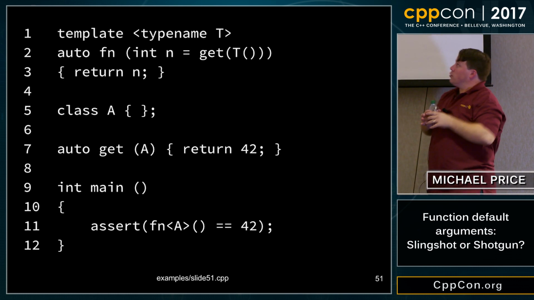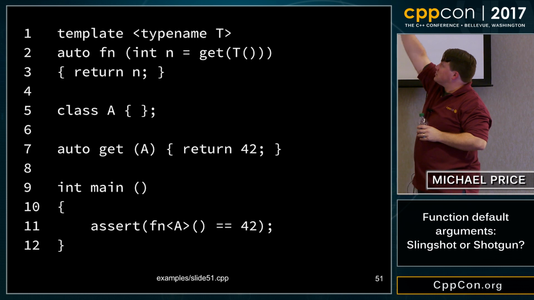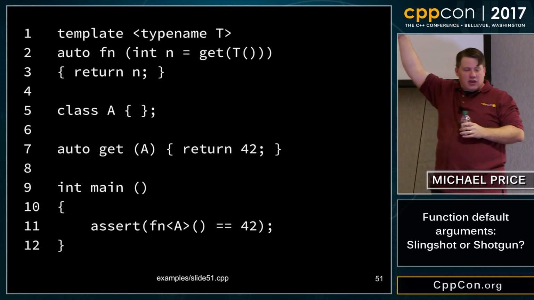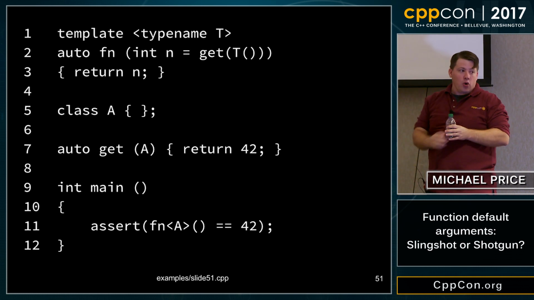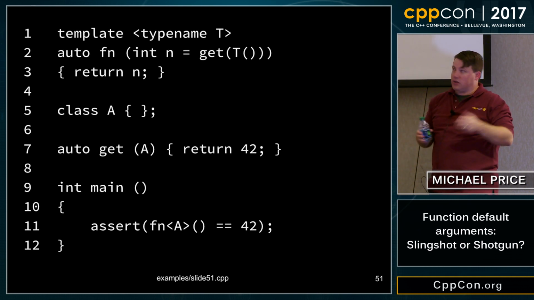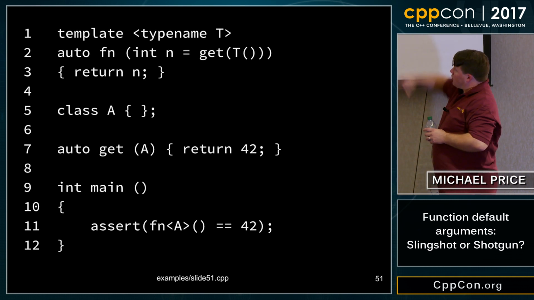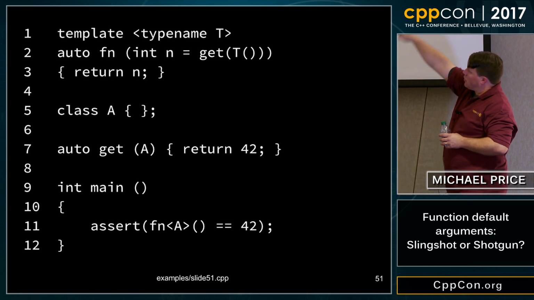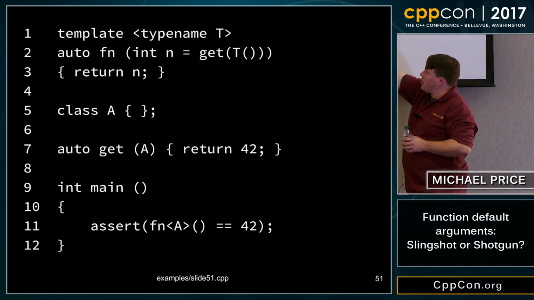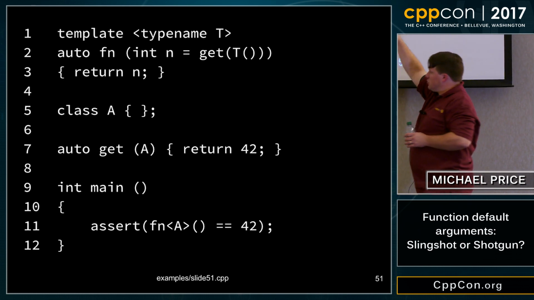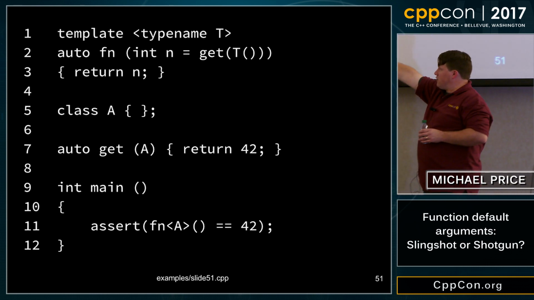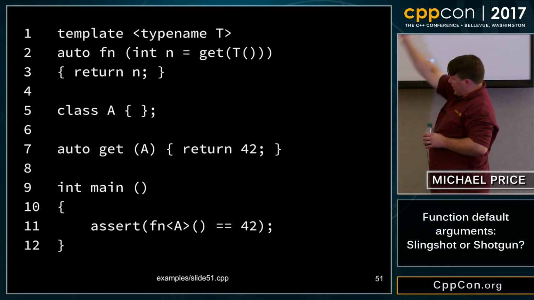So that means whenever the compiler parses this, it can't actually make a final determination of whether or not that's valid without knowing what the type is. That's what it means to be dependent. So it just returns whatever it was. Later on, we have a class A, with a function called get that just returns 42. Now on line 11, we instantiate that function template with type A.